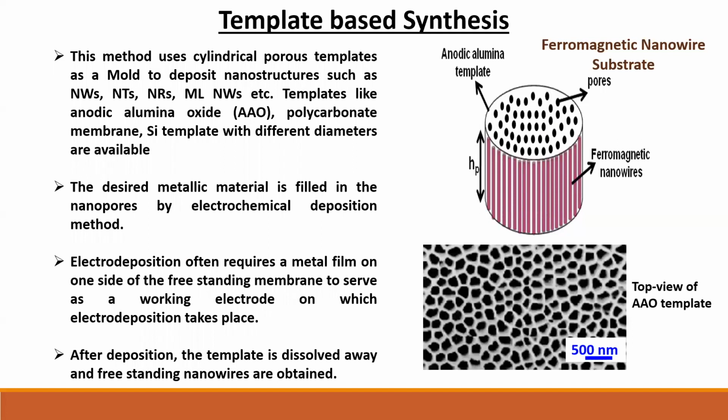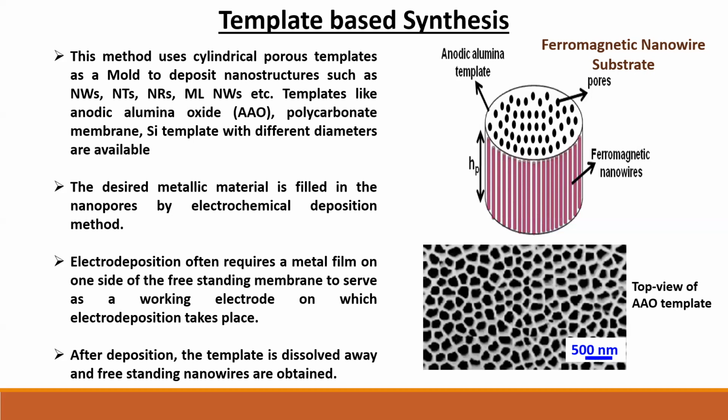This method uses cylindrical porous templates as a mold to deposit nanostructures such as nanowires, nanotubes, nanorods, multi-layered nanowires, etc. Templates like anodic aluminum oxide, polycarbonate membrane, and silicon templates with different diameters are available, which can be used as a mold to deposit metallic or ferromagnetic nanowires and nanostructures in these templates. The desired metallic material is filled in the nanopores by the electrochemical deposition method.